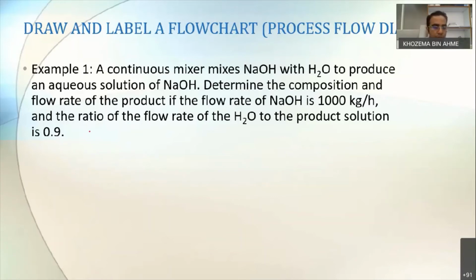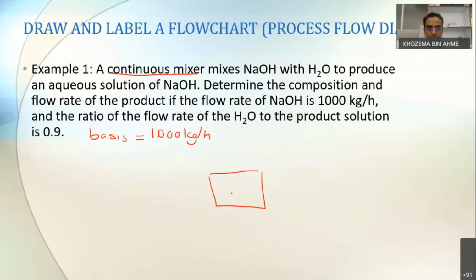Just now we already assumed, again, the basis is 1000 kg per hour. So I know now I've done my basis. The third step is to draw. I know that this is a continuous mixer, so usually we just draw a square, and I can put here M for mixer, or you can write mixer.